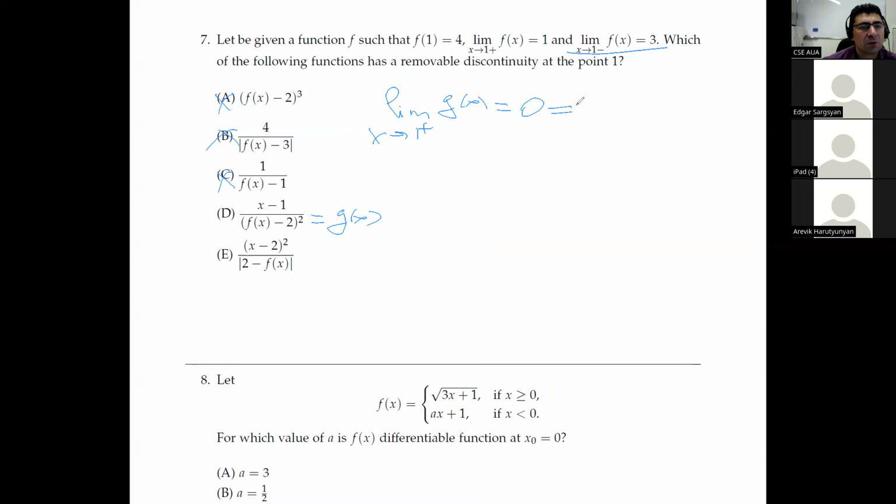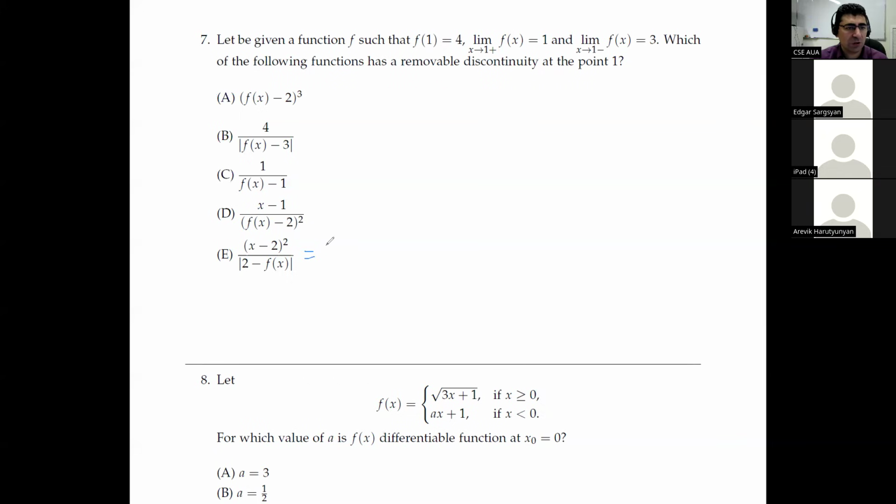No, because the function value is also 0 exactly. So even though limits from both sides are equal, it is also equal to the value of our function. So D is a continuous function, and it remains E. It should be the correct answer, but let's check it.